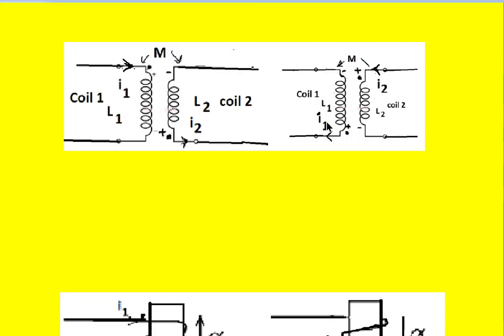So in both cases, the fluxes phi1 and phi2 will oppose each other. So the sign of the mutual inductance, when the equivalent inductance is calculated, will be the opposite of that of the self-inductances L1 and L2.